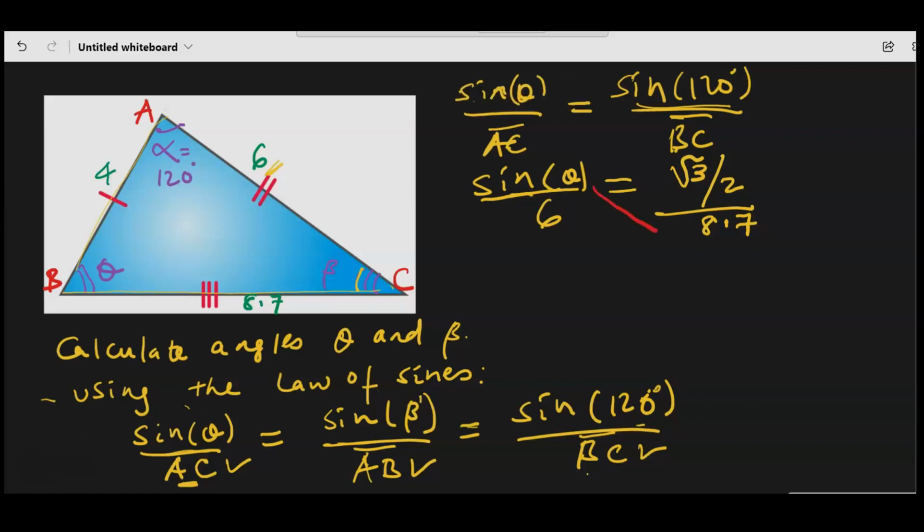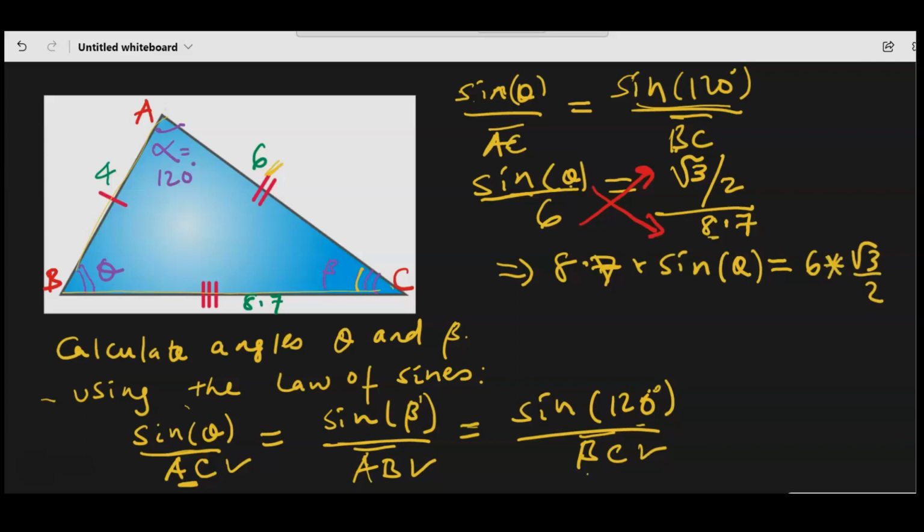When we crisscross multiply this equation, what we find is 8.7 times sine of theta must be equal to 6 times square root of 3 over 2.